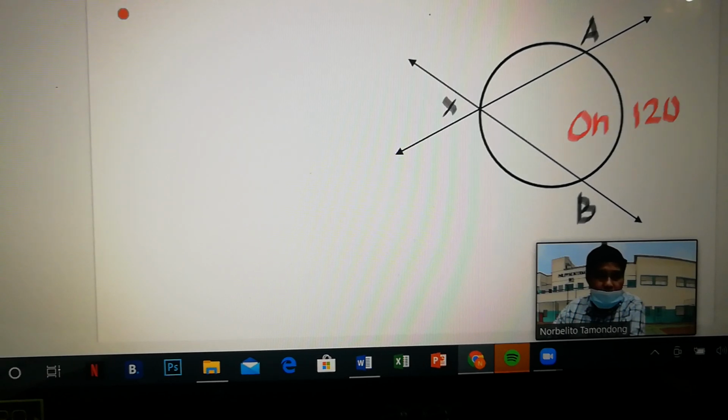Okay, so the formula is simply the measure of the angle formed by two secants intersecting on the circle, because the intersection is on. This is in, on, and then out. Okay, if it is on, that is only half the intercepted arc. So 1/2 of the intercepted arc AB.